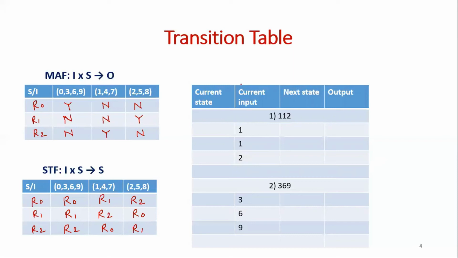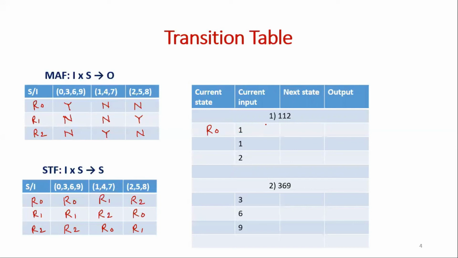Then next we will write the simulation for 2 inputs. One is divisible and one is non-divisible. Okay, so let us take first input as 112. Now here we will write simulation in terms of current state, current input, next state and output. So first we will have input as 1. So we will start with the initial state, that is R0.